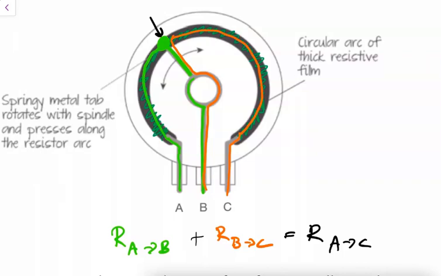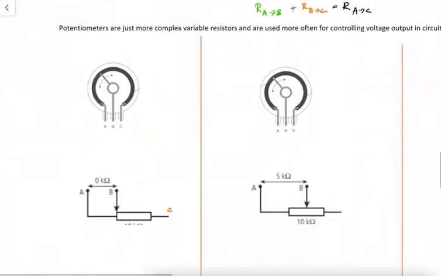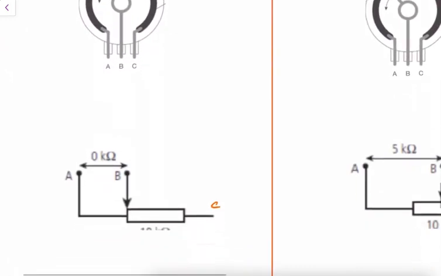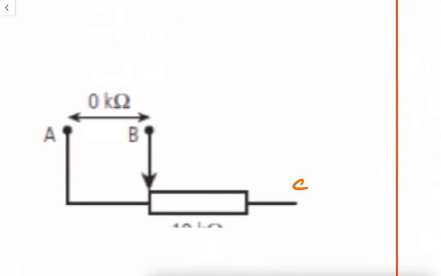So let's look at how this can be applied in a circuit. In the diagram, we have 0 kilo ohms going between A and B. And we have all of the potentiometer in series because there is no resistance occurring in this parallel part, because the connection is happening right there.